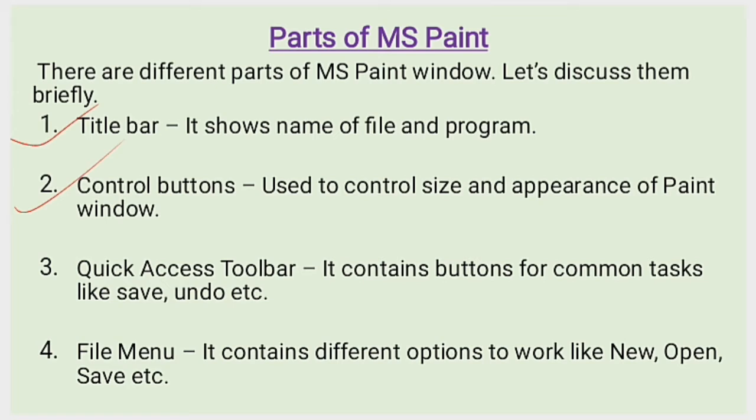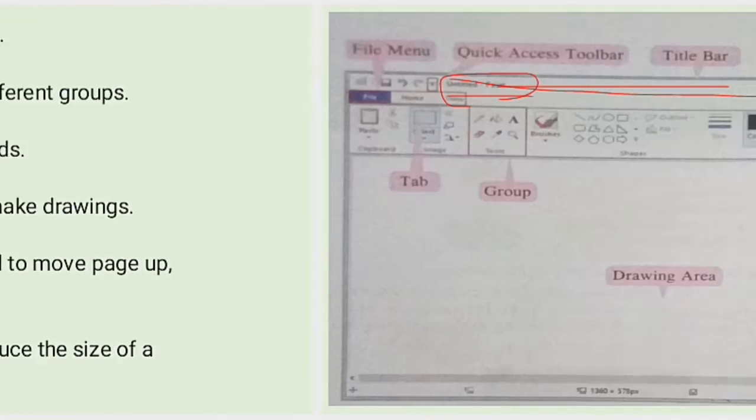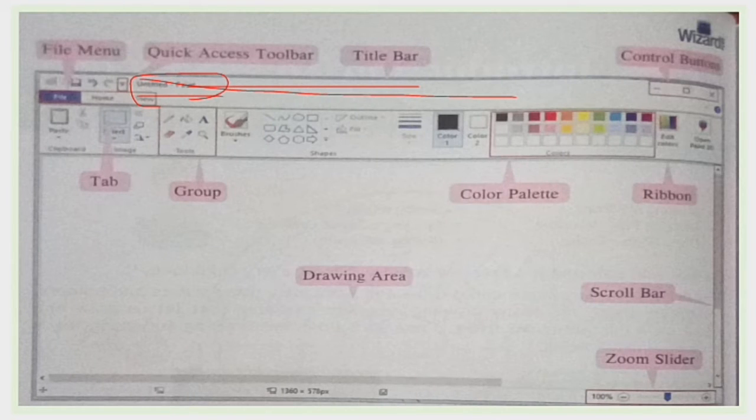Next, second is control buttons. These buttons are used to control the size and appearance of the paint window. Let's see what the control buttons are.